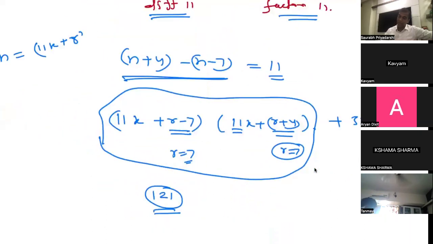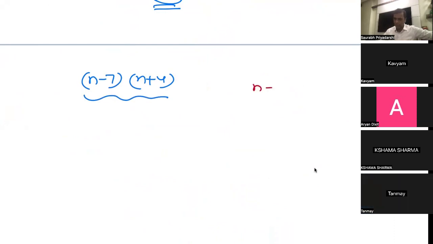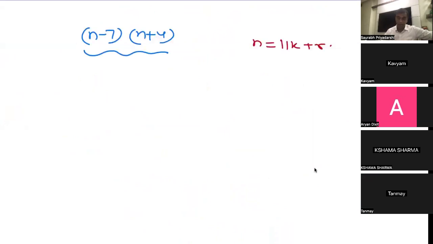So I'm writing this as n minus 7 into n plus 4. Right? So the difference of these two is 11, right? So anyhow, when you are taking any of the number, right, n is equal to 11k plus r, right? I hope everyone is understanding this.